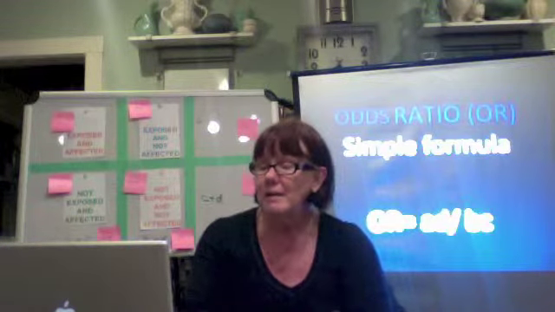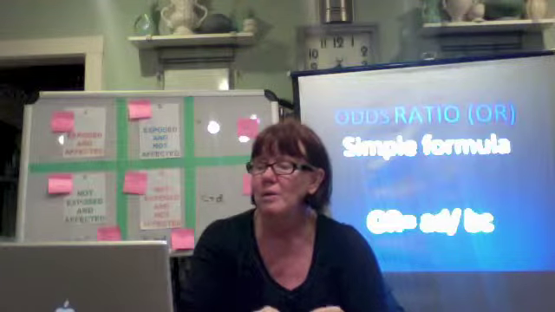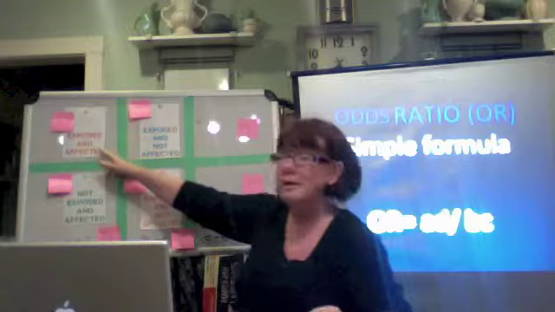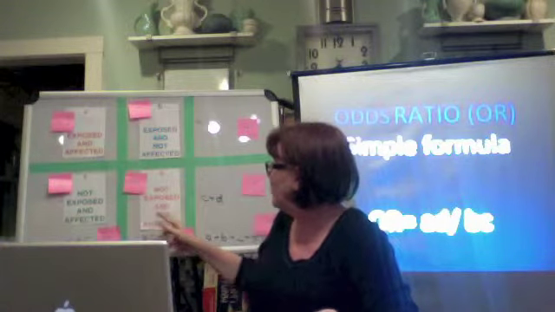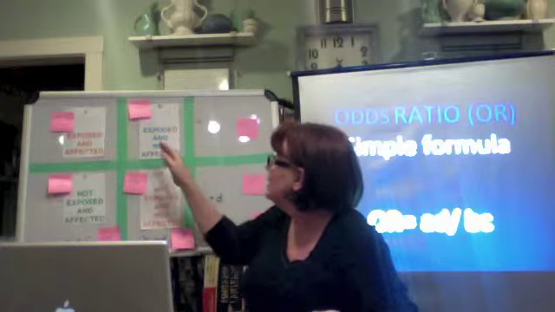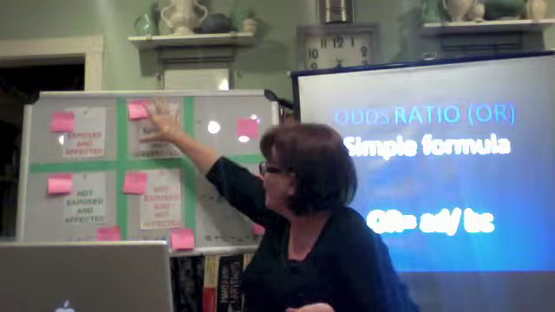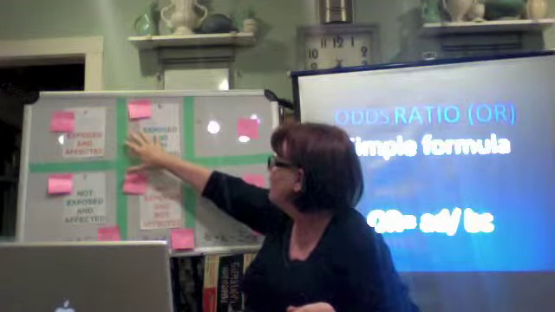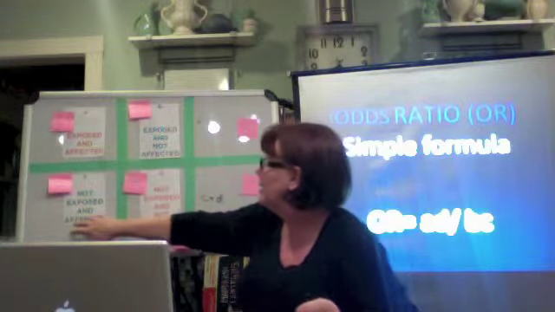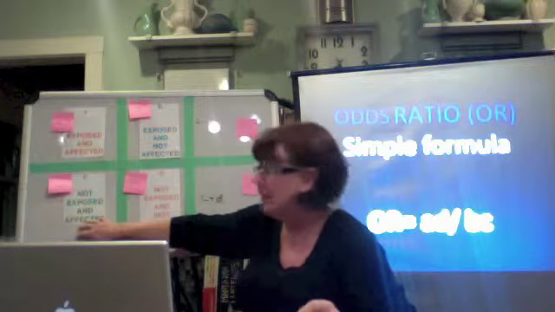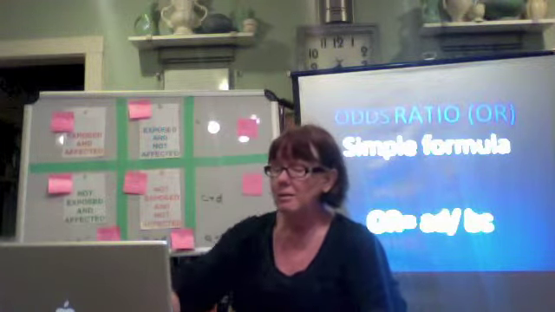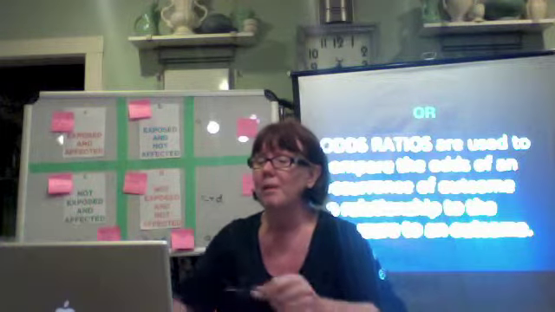To calculate this, we multiply the number who are exposed and affected by the number who are not exposed and not affected, and divide that by multiplying the number who are exposed and not affected by the number who are not exposed and affected, with this formula as we come up with here.